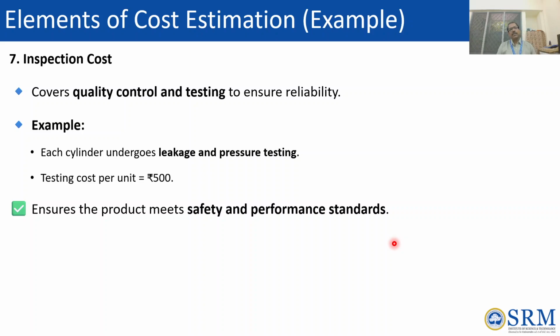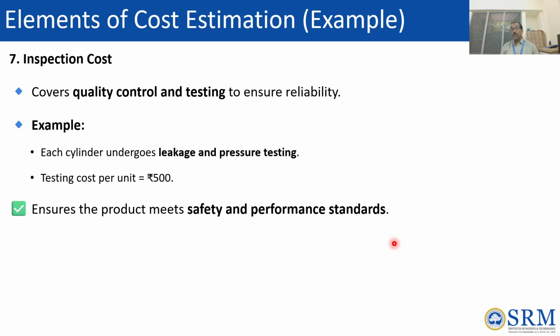Then inspection cost covers quality control and testing. Here each cylinder undergoes leakage and pressure testing. It's not like we take a random component and test it, because it's used in hydraulics of excavators or containers. So the hydraulic cylinder's role is very important, right?